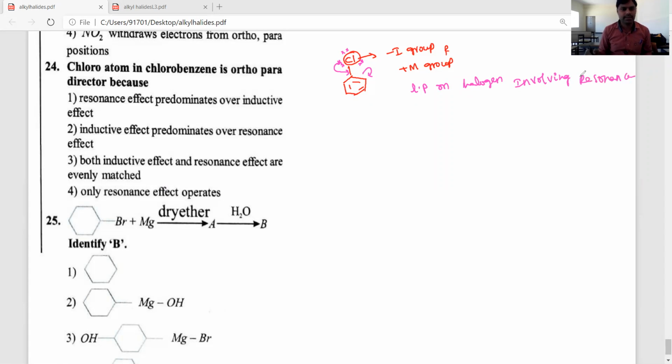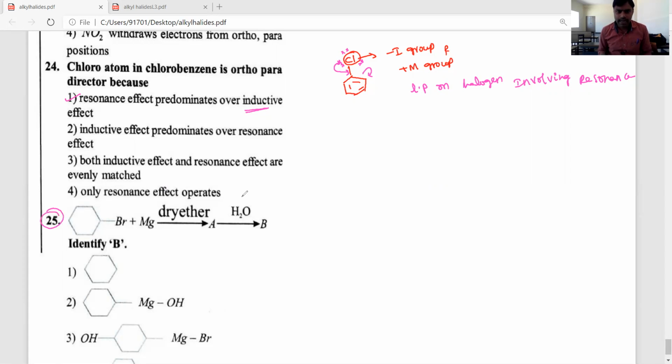Involving in resonance means the resonance effect predominates over the inductive effect. That's why the halogen atoms in aryl halides act as ortho and para directing groups. Okay, so the answer is the first one. Let's see the 25th question.